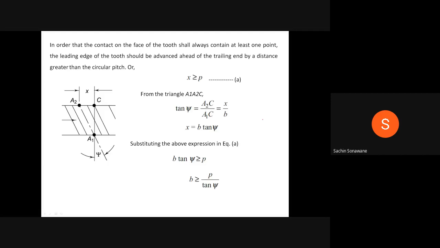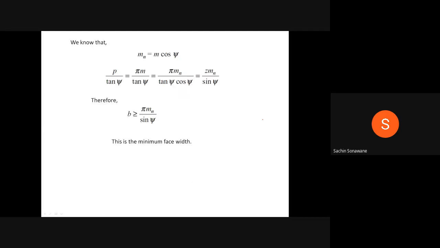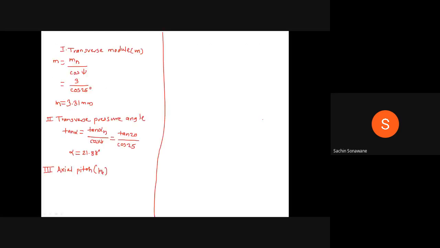PA is equal to P upon tan psi. Axial pitch means your face width. Remember, axial pitch means your face width. Therefore, write down axial pitch PA is equal to P upon tan psi.